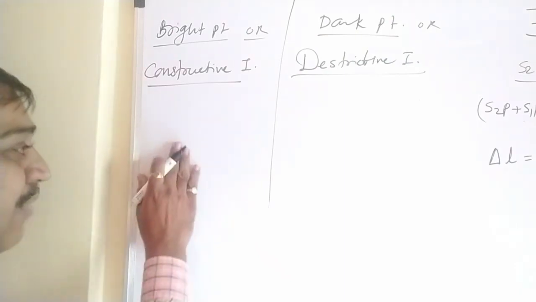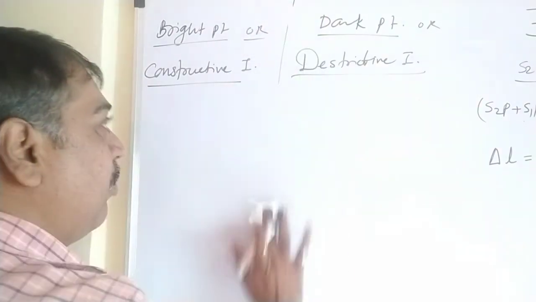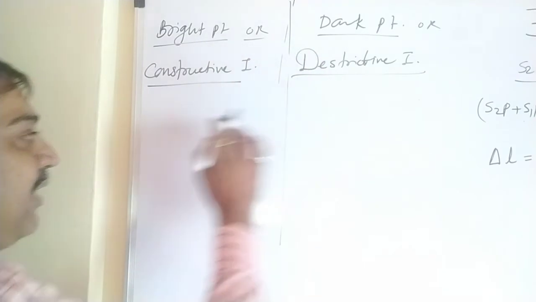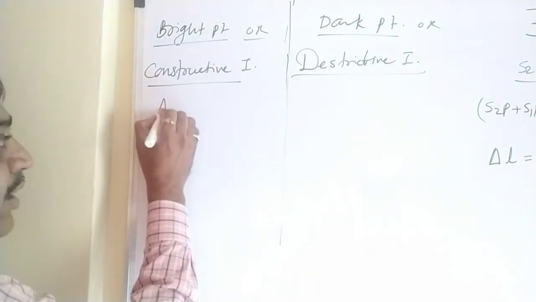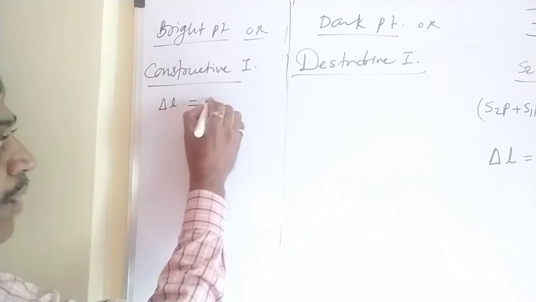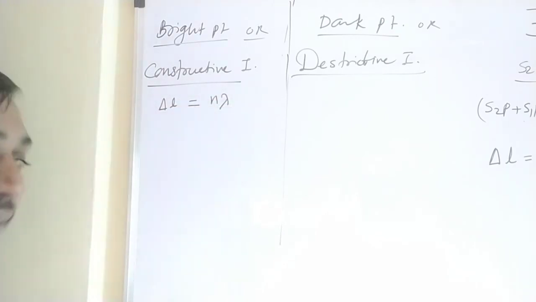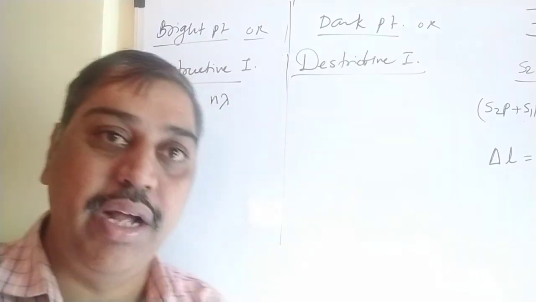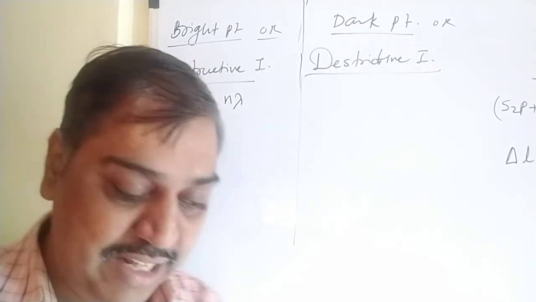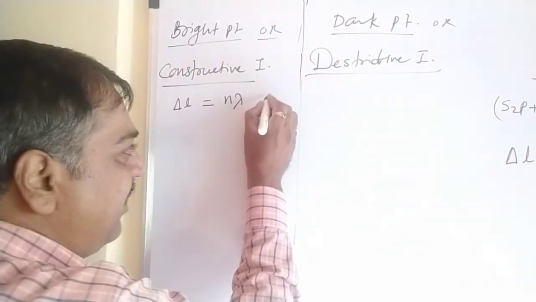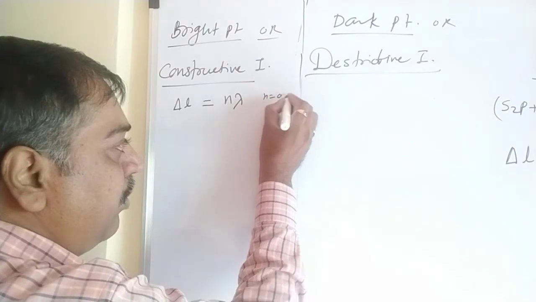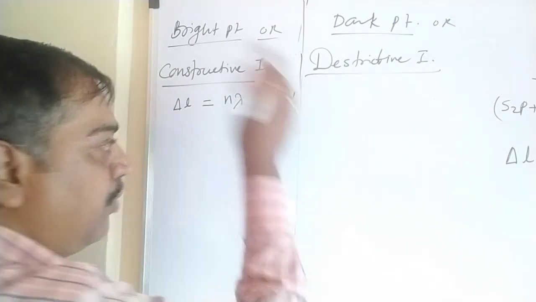So for bright point, what do we say? I have told you, when the path difference delta L is an integral multiple of lambda, then we can say point P is said to be the bright point if this condition is satisfied. Now let's put this value where n varies from n equal to 0, plus minus 1, so on up to infinity.